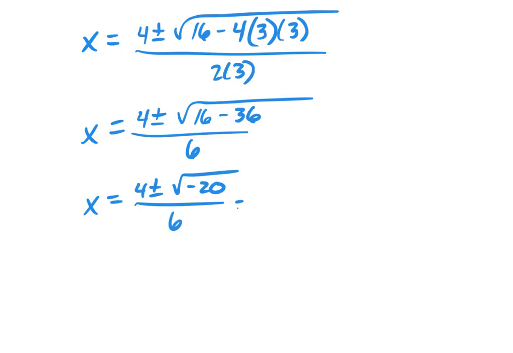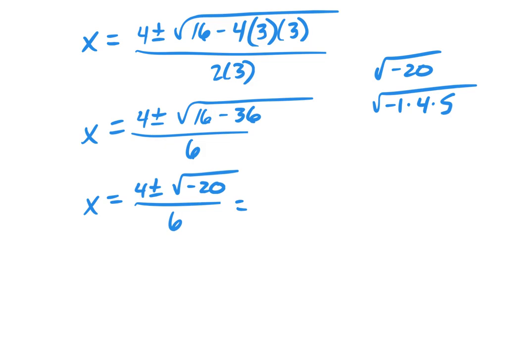Okay, now this is going to bring in some things that we talked about yesterday. Is 20 a perfect square? No. Okay, so when I break down the square root of -20, I'm going to do -1, and however you want to do this is kind of up to you. That's what we talked about yesterday. You can do -1 times 4 times 5, and the reason I choose 4 is because it's a perfect square.